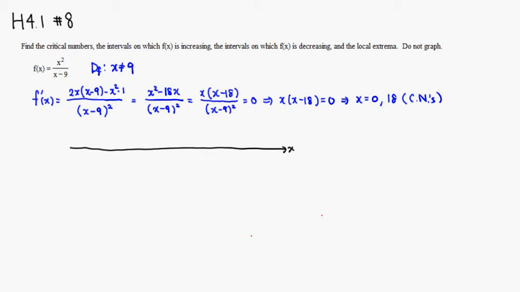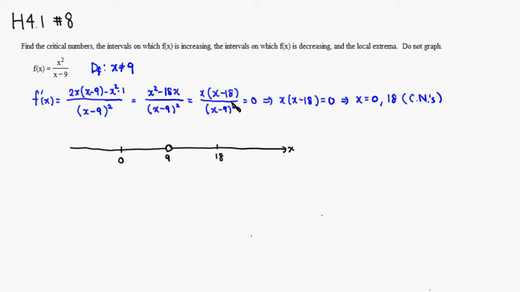I'm going to put 9 right in the middle and indicate that we cannot have this number with an open circle. So 9 is excluded from the domain. Then put tick marks on 0, a critical number, and 18, another critical number.